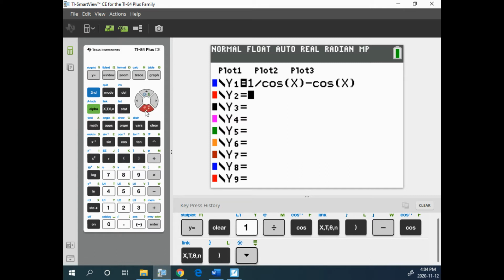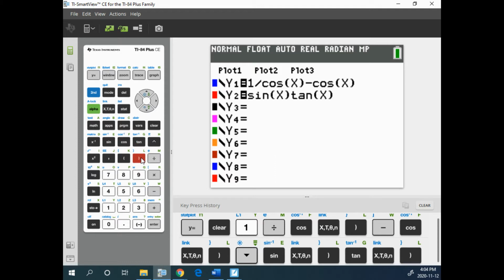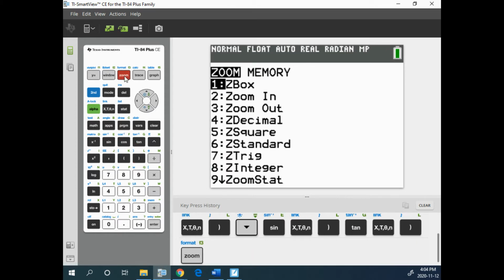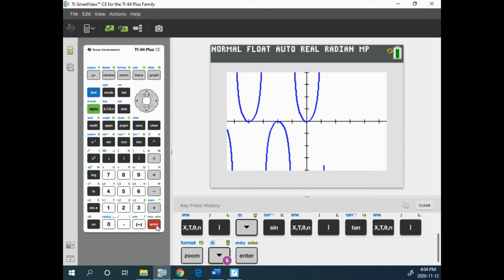My right-hand side is sin x tan x. I'm going to go zoom trig, which is 7. Hit enter. And here is the graph for the first one. And you can see quickly that you have an overlap with the second one.